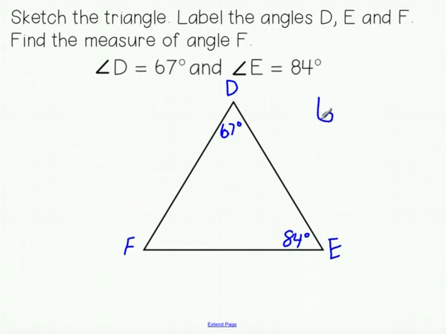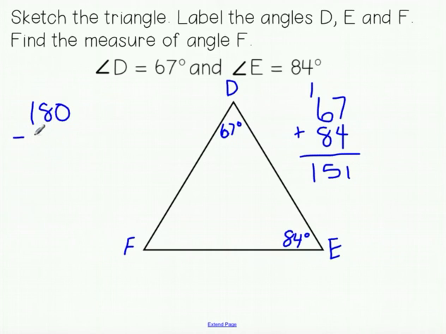So we do 67, our two known angles, 67 and 84. We're going to add those together. 7 and 4 is 11, carry the 1. 8 and 6 is 14, plus 1 is 15. So it's 151. And since we know that the triangle is 180, we're going to take 180 and we're going to subtract 151.